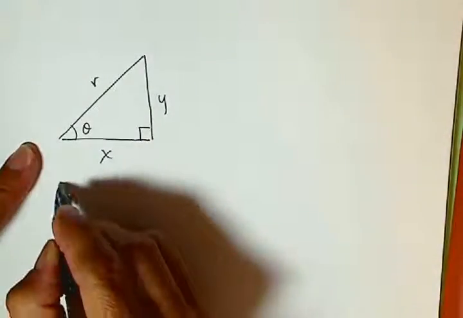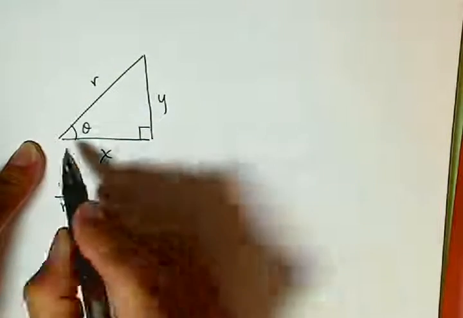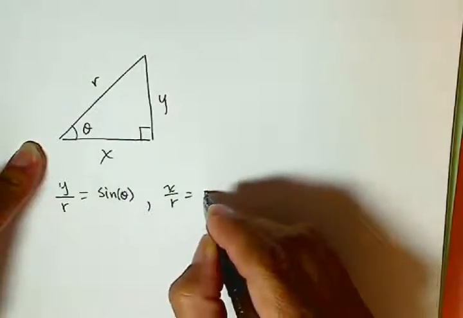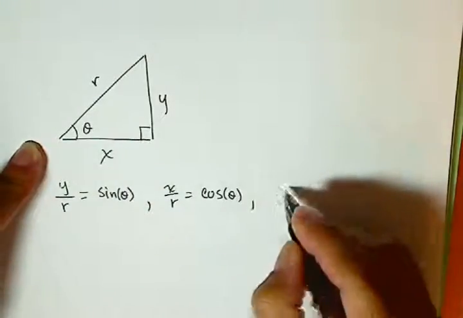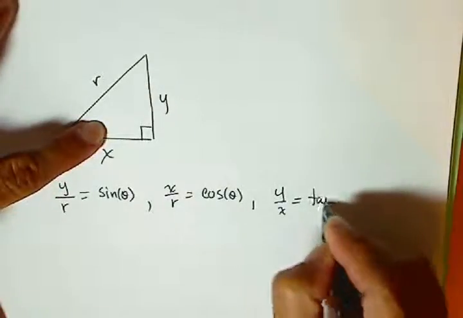Y over R, this side over this side, we're going to call the sine of theta. X over R, we're going to call the cosine of theta. And lastly, Y over X, we're going to call the tangent of theta.